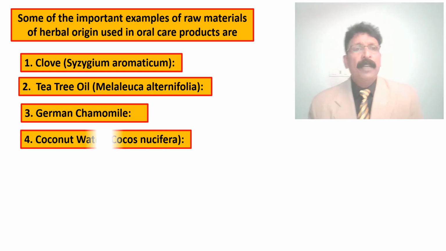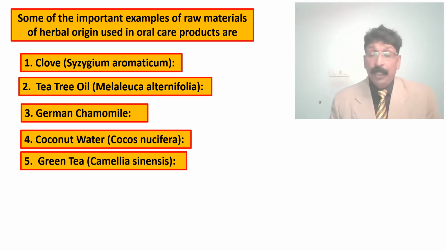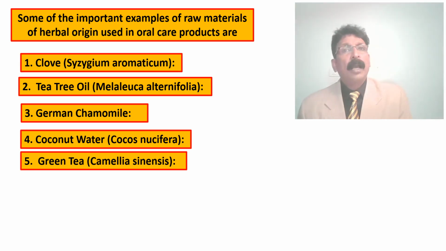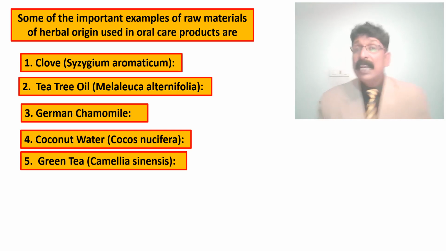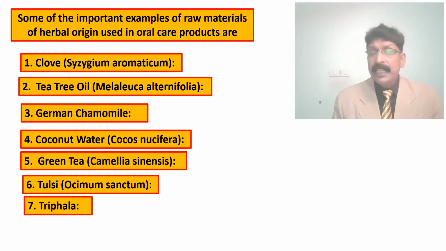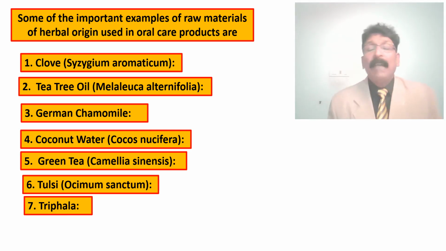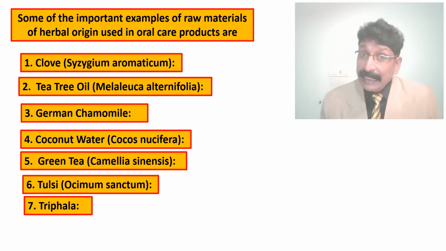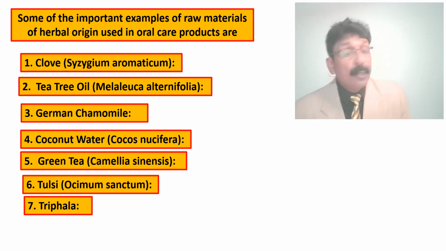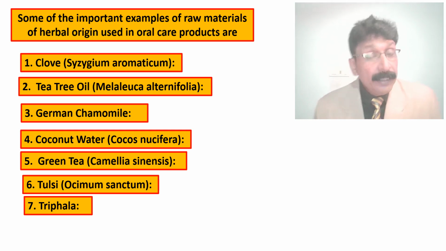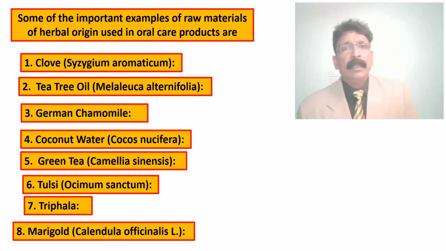German chamomile, coconut water, Cocos nucifera, green tea, Camellia sinensis, Tulsi, Ocimum sanctum, Triphala churna, Triphala powder, which has three ingredients, three plants. It is also used in dental care products.